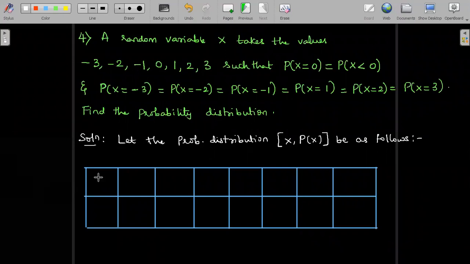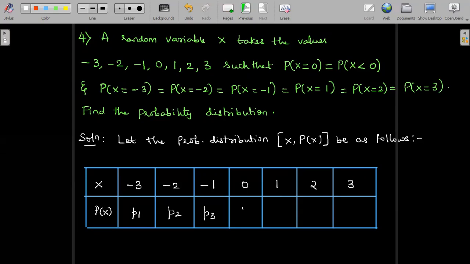As mentioned, let us assume the probabilities for the respective values of x as P1, P2, P3, etc. The values of x from the table are -3, -2, -1, 0, 1, 2, and 3. The respective values of P of x are, by assumption, P1, P2, P3, P4, P5, P6, and P7.